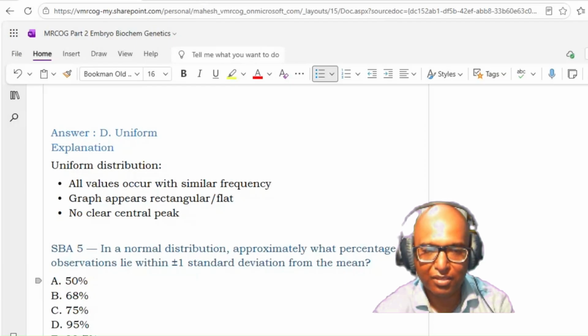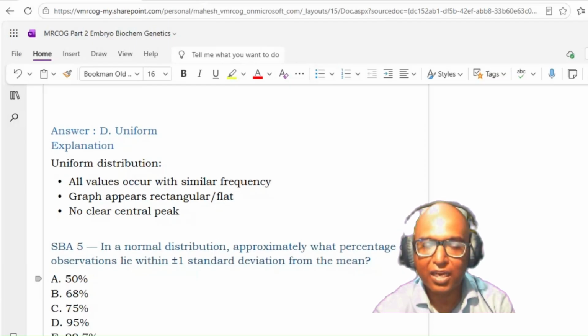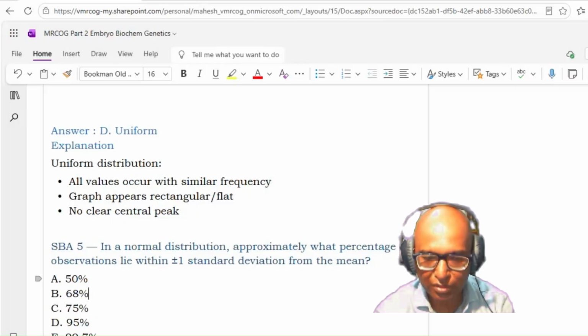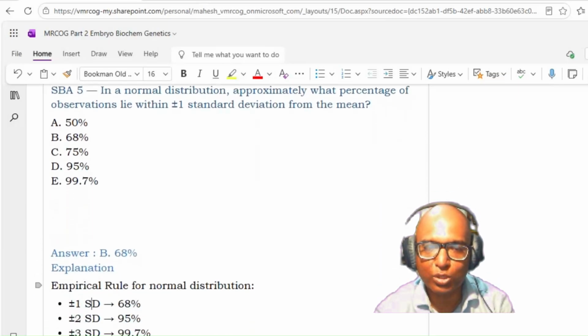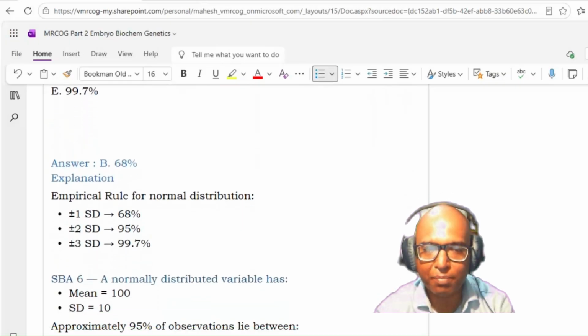You got it? Yes, sir. Half of that. They may give some scenario like cholesterol values, with the mean and the standard deviation, and they will frame a question so that they ask only about plus 1 SD.